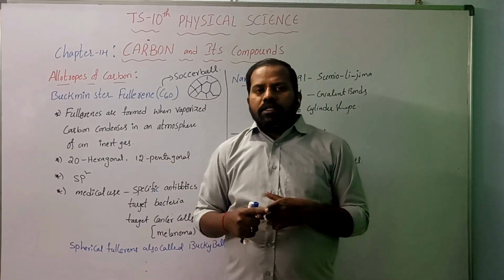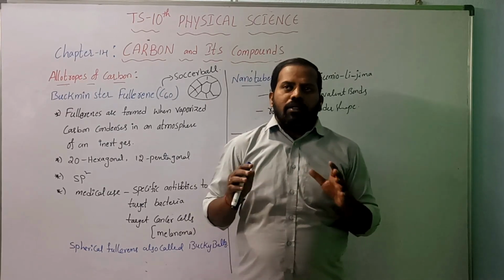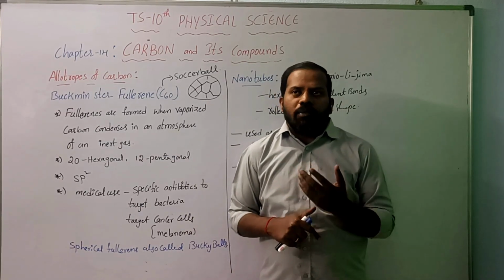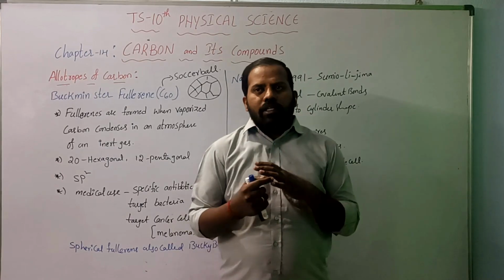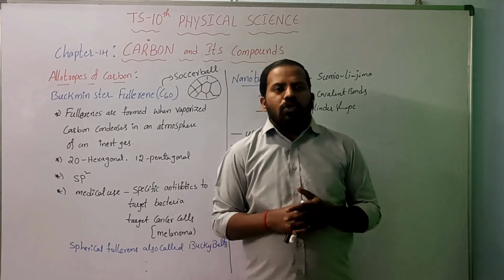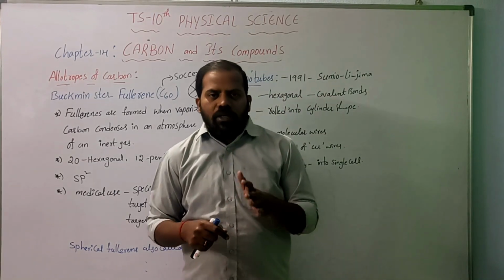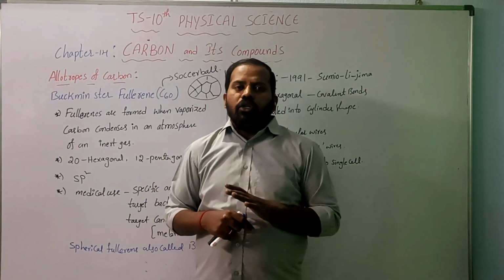In that, we discussed diamond, graphite, fullerenes and nanotubes. These are all very important. They may ask about the differences between diamond and graphite, or the uses of nanotubes, or the uses of fullerenes. These are the important questions from this topic.